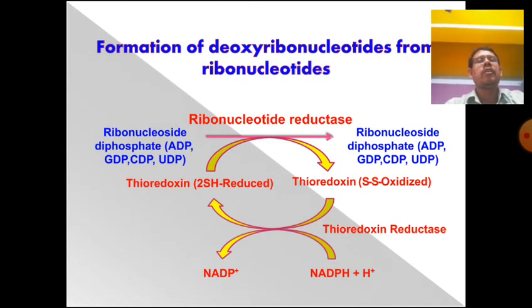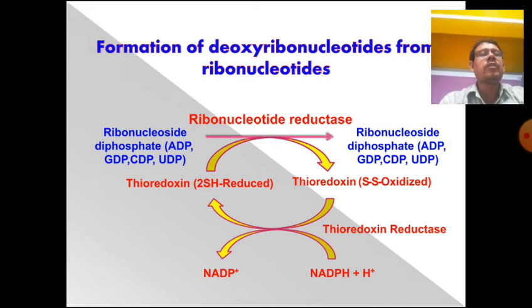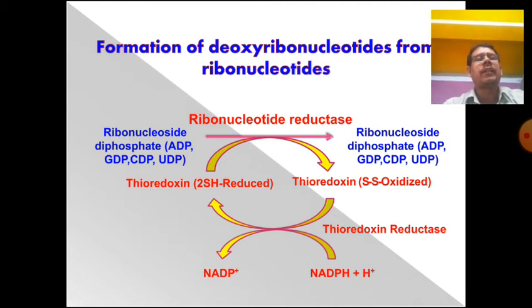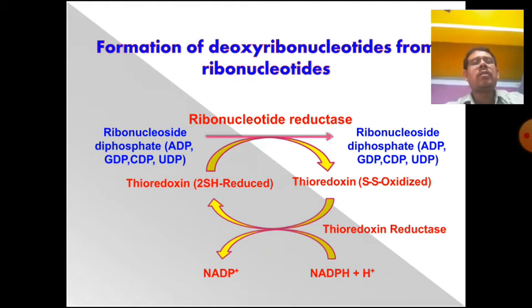This is the pathway by which the ribonucleoside diphosphates ADP, GDP, CDP, and UDP are converted by ribonucleotide reductase in the presence of thioredoxin (SH)2, which is reduced to thioredoxin S2, and is again converted into thioredoxin for the next steps of the reaction by thioredoxin reductase.